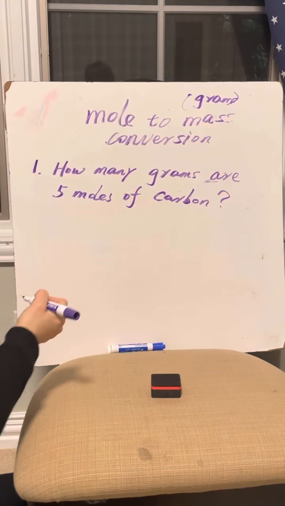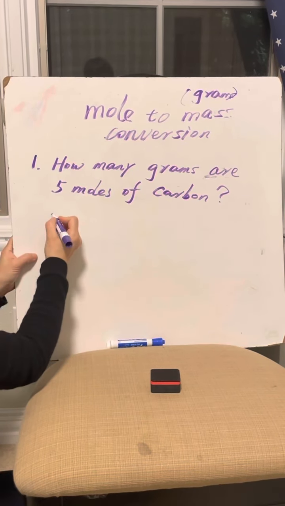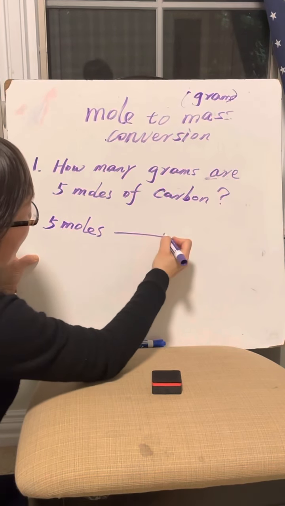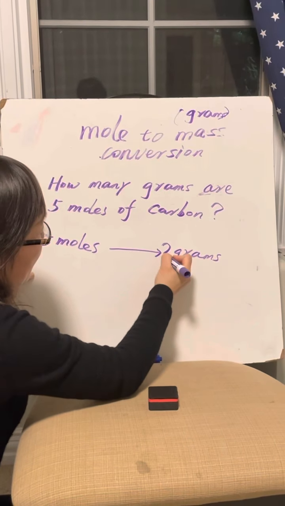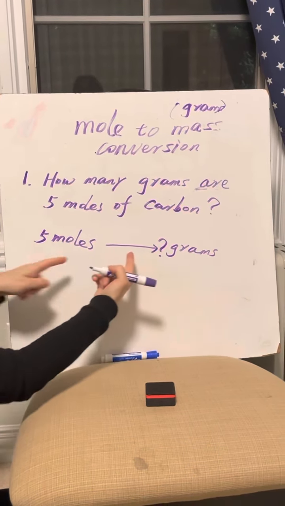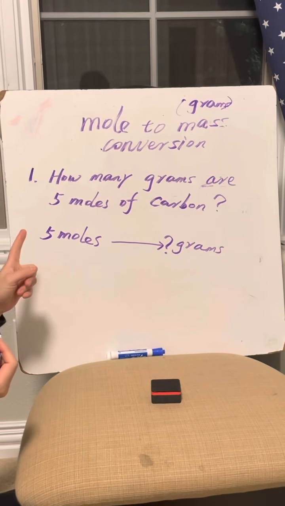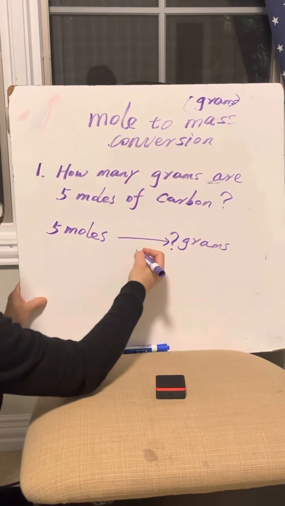Here's the question. You already know 5 moles, and you want to figure out how many grams that is. That's the question mark. So here you need a conversion factor which can connect your units for moles and grams. What is that?